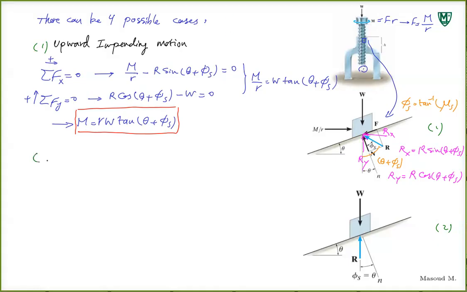For case 2, which we're going to call self-lock, what we're trying to say is that this is the case where if you have no external moment applied to a screw, there is no M involved, right?